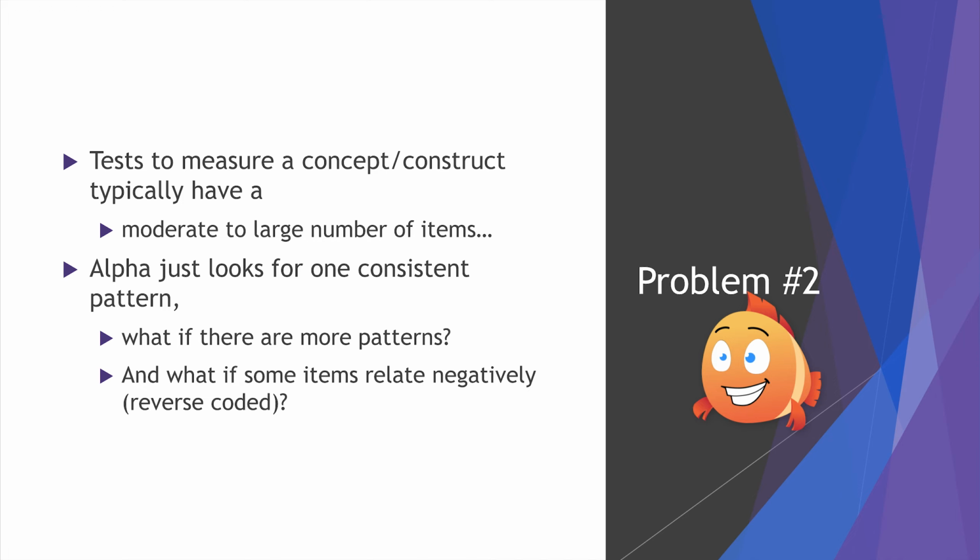That's problem one. Problem two is that tests we use to measure a concept or construct typically have a moderate to large number of items, as a product of domain sampling theory, as well as our goal of increasing reliability. With this situation comes a whole mess of relationships, those covariances and correlations, to show how all the items relate to each other.